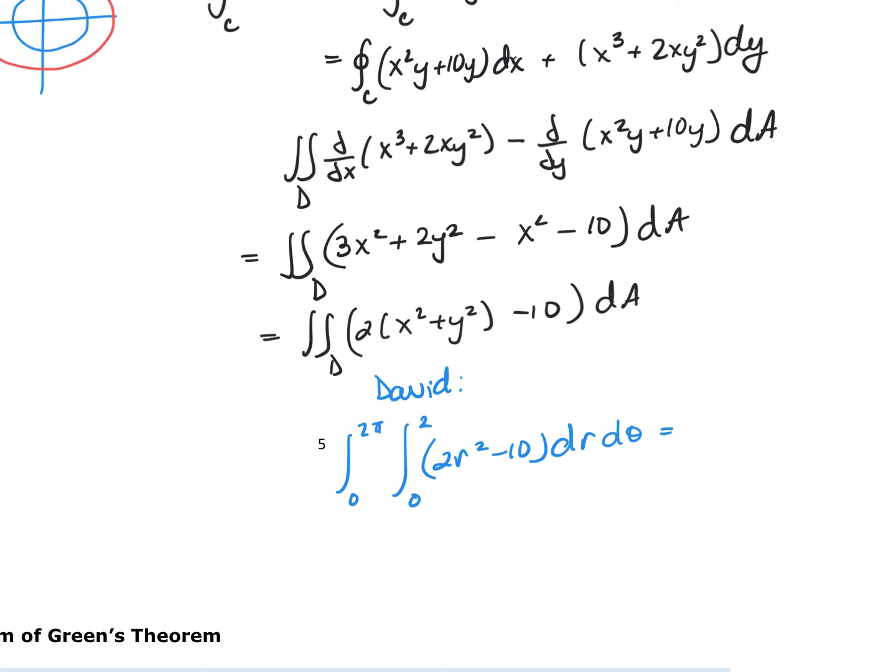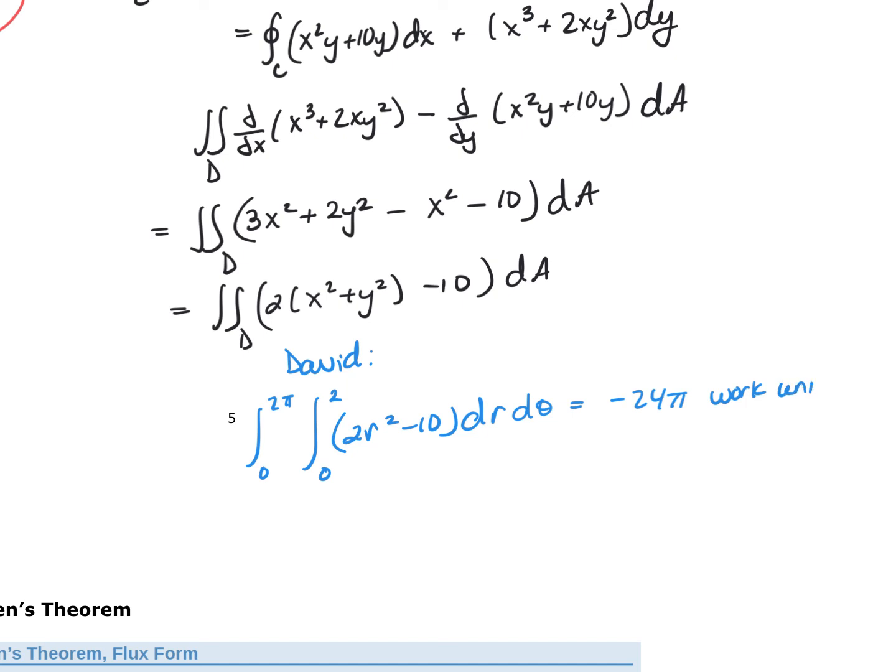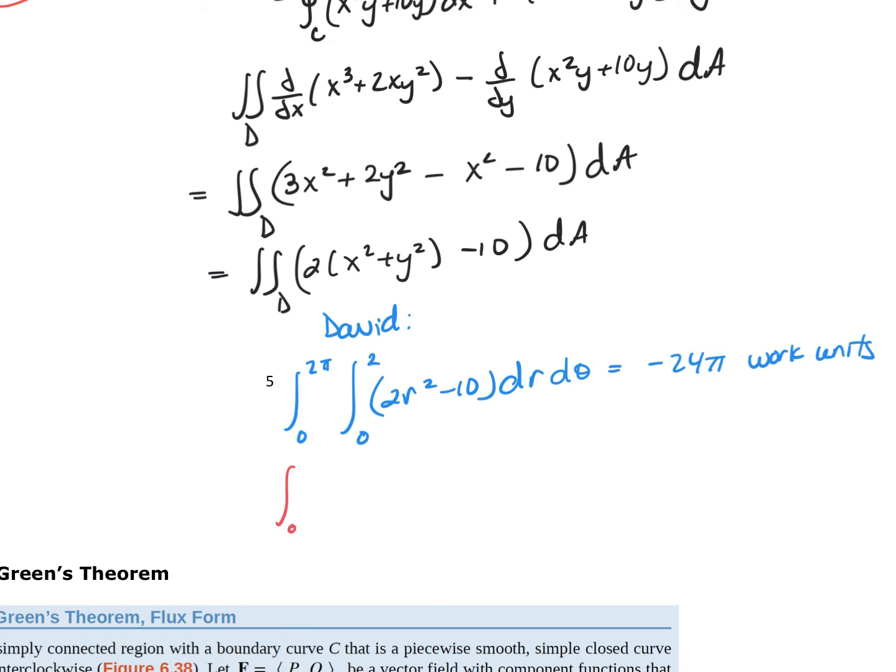And I end up with David's being negative 24 pi, whatever my work units are. Now, I'm going to do Sandra's, so I'm going to go from 0 to 2 pi and 0 to 3 of 2r squared minus 10 dr d theta. And when I do Sandra's, I'm going to get negative 9 pi work units.